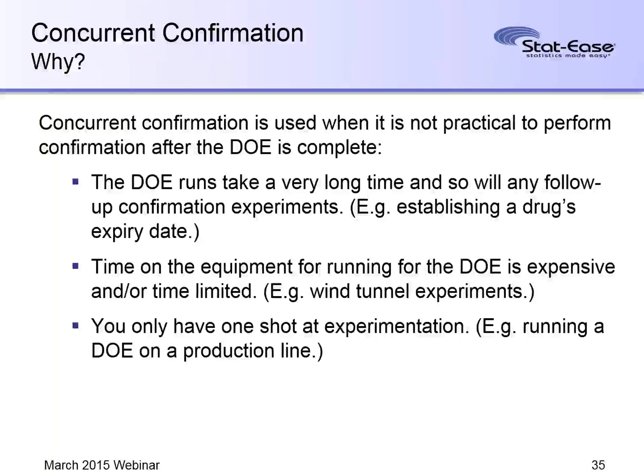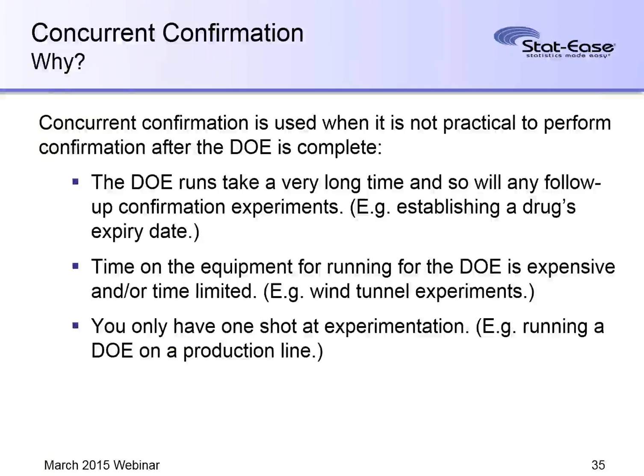So if you want to confirm a model, you'll have to wait even longer, which sometimes is just not feasible. If the time on the equipment for the design is expensive or limited, for example, you may not be able to go back, or it might cost you a lot of money to go back. For example, a case that we worked on was wind tunnel experiments.